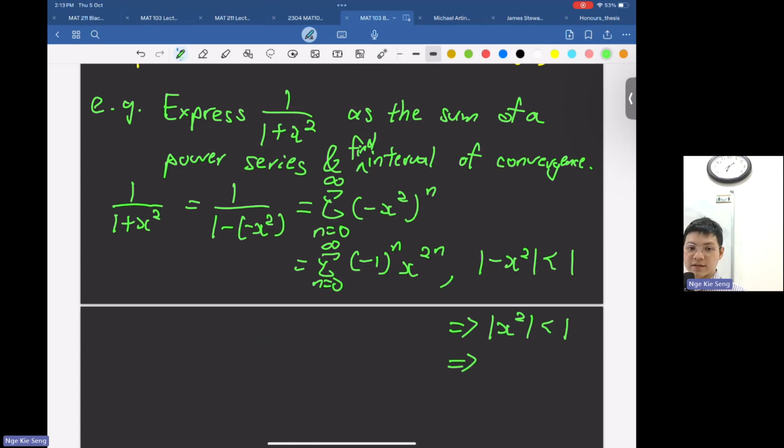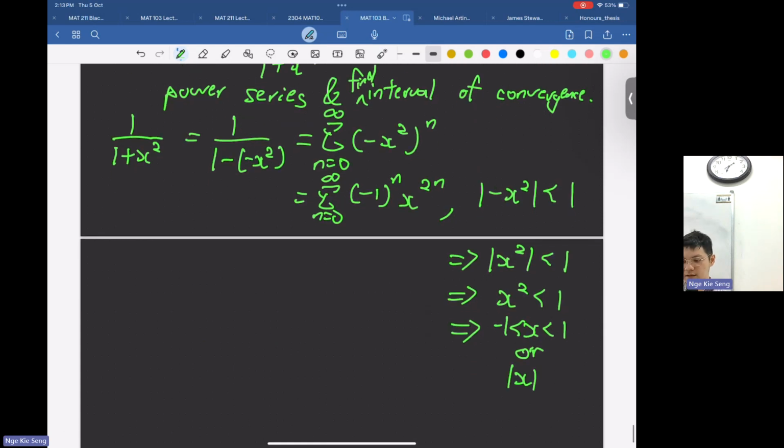Where should this x lie? x squared is always positive, so I can get rid of the absolute value. So when is x squared less than 1? Yes, x is between -1 and 1, or in other words, the absolute value of x is less than 1. Does everyone know these two are equivalent or not?